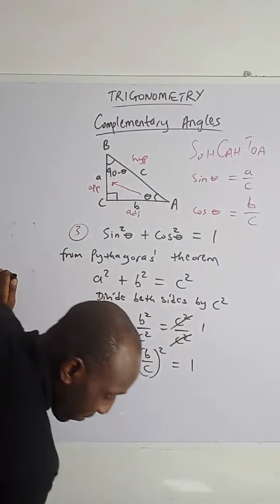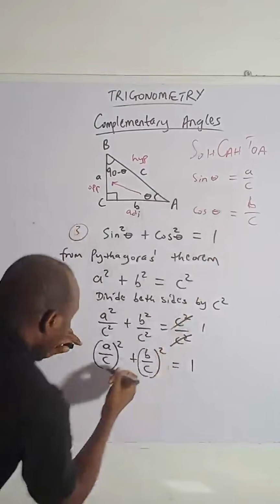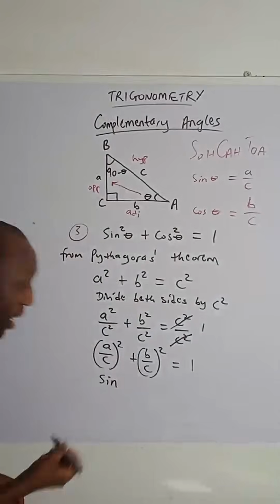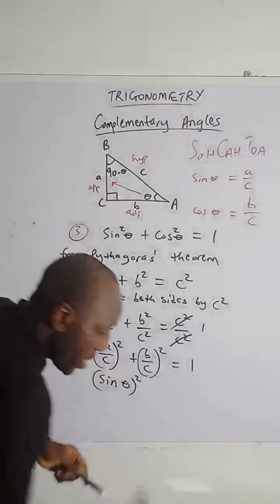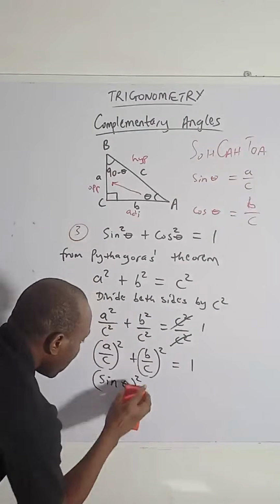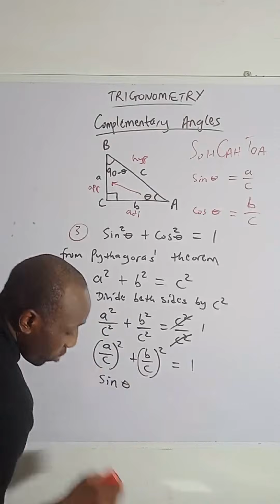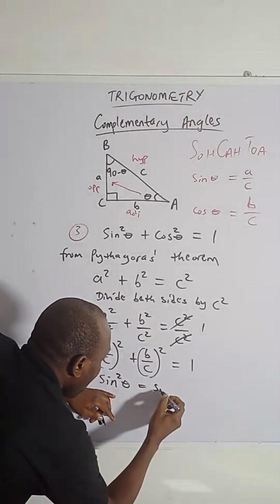So I'm going to have sine theta. See, there's a squared here. Sine theta all raised to 2 can be rewritten as sine square theta. You see, this and this are the same.